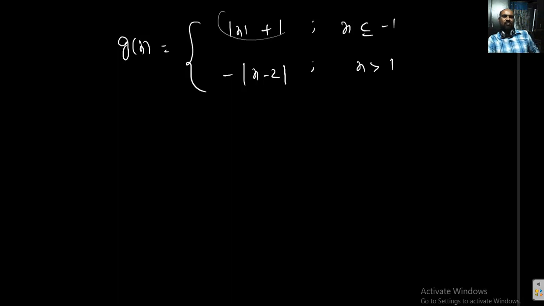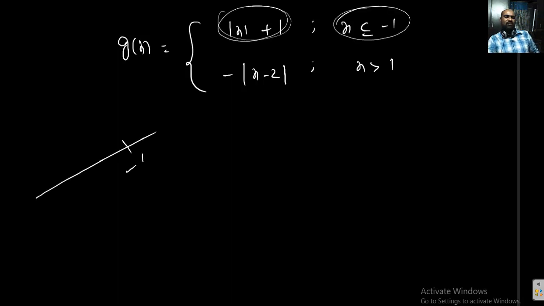So first of all I want to open this modulus, students. I take a number line with minus 1, below it the rule is mod x plus 1. To open the modulus I want a 0. Where is it?